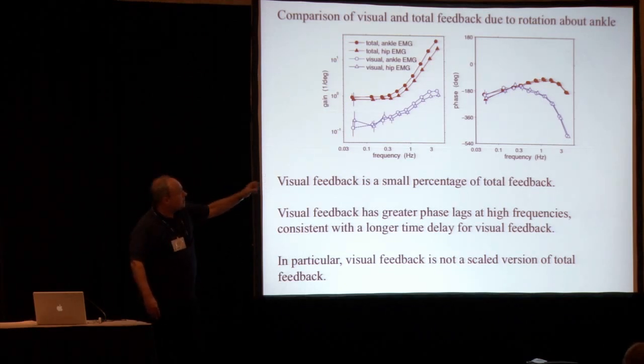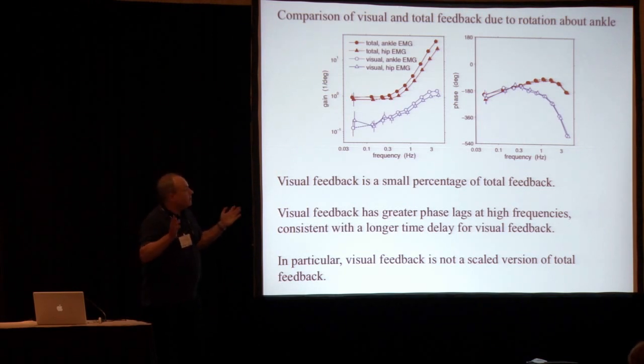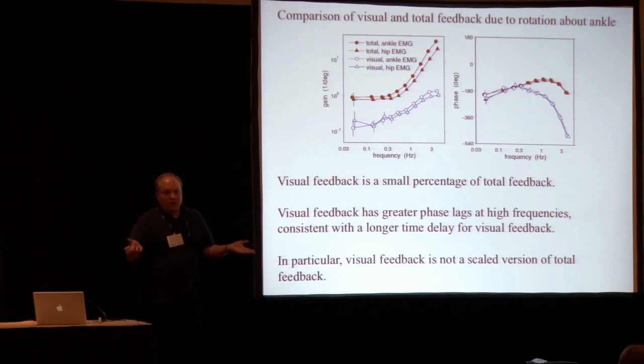You look at phase, and you can see that at low frequencies, the phase of overall feedback and visual feedback is roughly the same. But at high frequencies, visual feedback has a much larger phase lag than total feedback. And the reason is vision has a longer time delay than these other modalities.